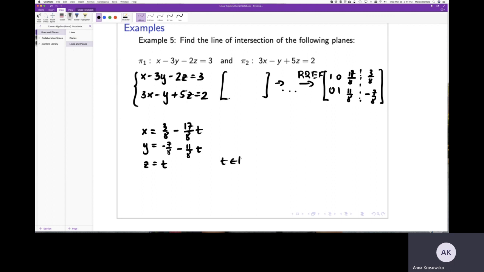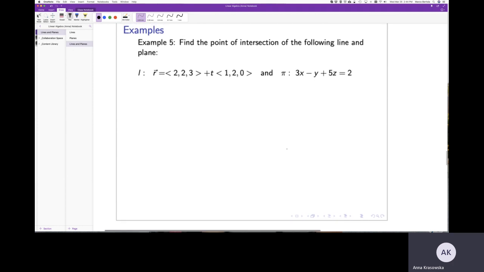T is a parameter. You can write it in a vector form, but this is the parametric equation of a line of intersection. The two planes intersect. The intersection is a line, and you can read what point it's passing through and what the direction vector of that line is.